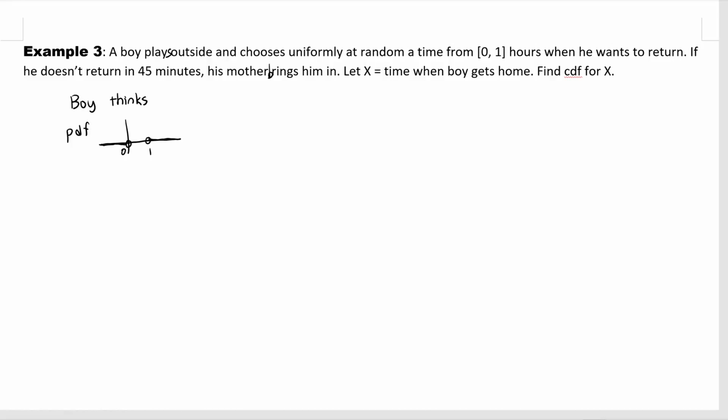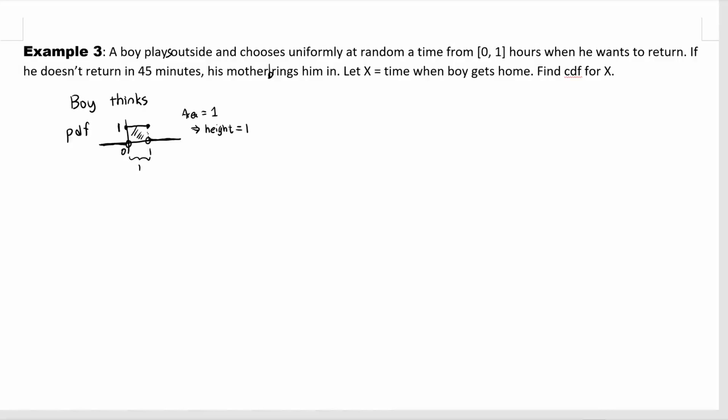Uniformly means they have the same probability. What is this number? Remember that the area is 1. This length is 1, and the area is the total probability, so it has to be 1. So the height has to be 1. So this is the PDF.